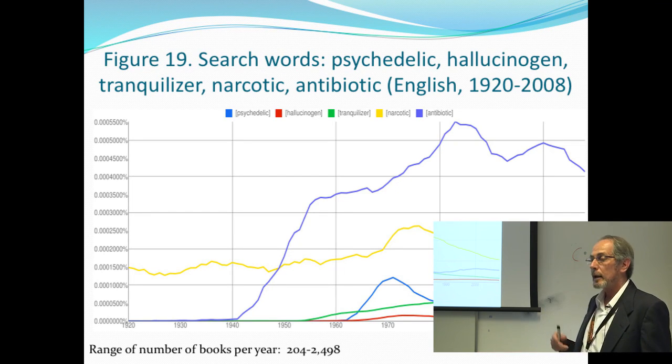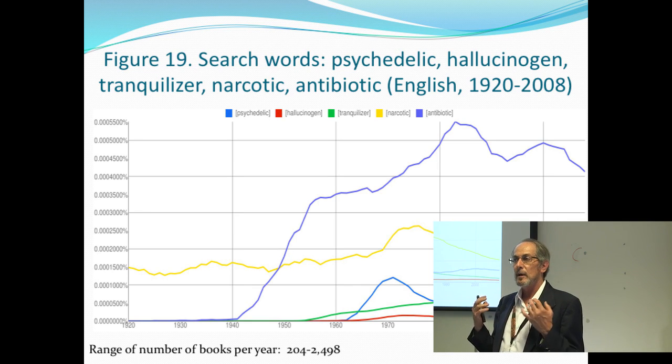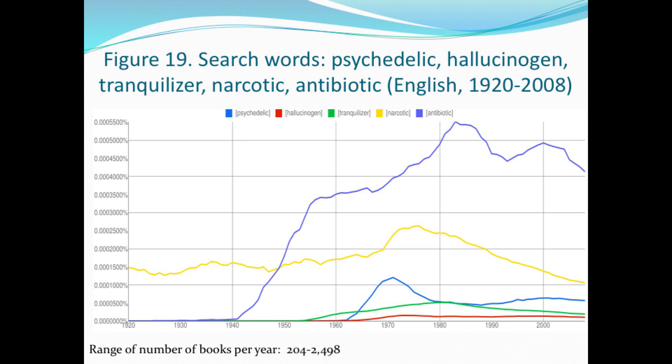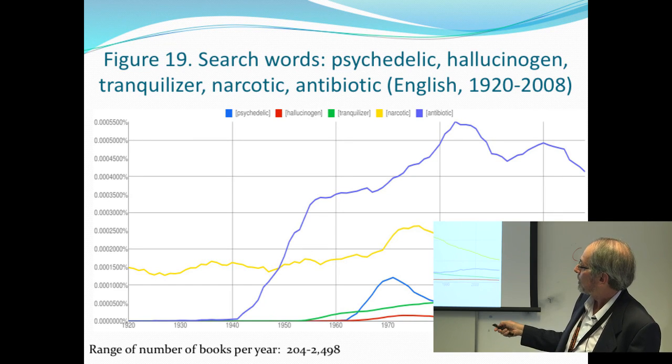All right, how about a comparison then? You've seen some graphs, you've seen some interesting things for the psychedelic drugs ourselves. So in this one, what I decided to do was we have the psychedelic. You can see the peak in the 1970s here. It's this blue line here. The green is, or excuse me, the red is hallucinogen.